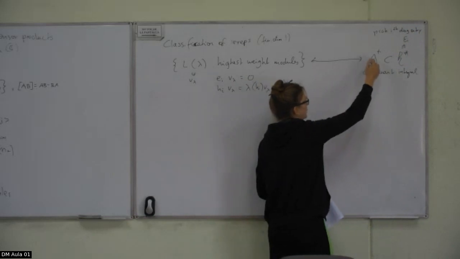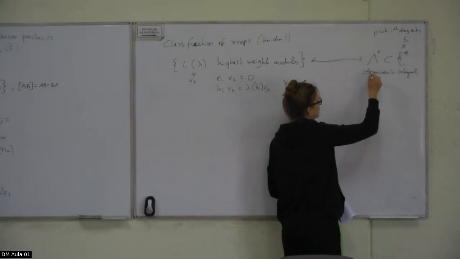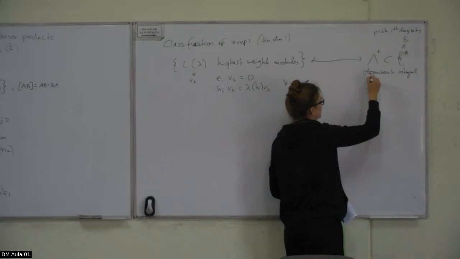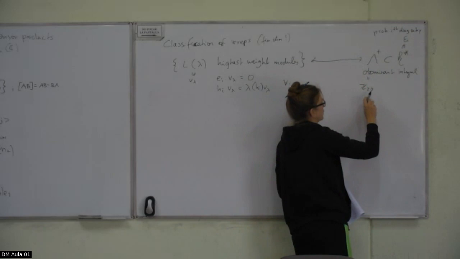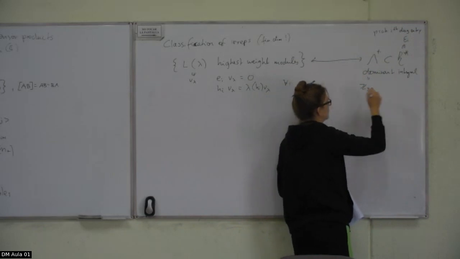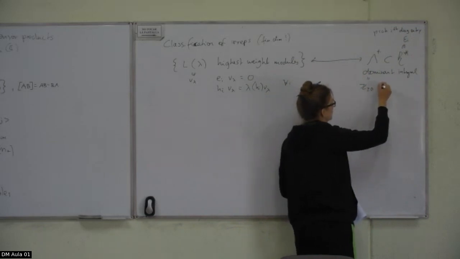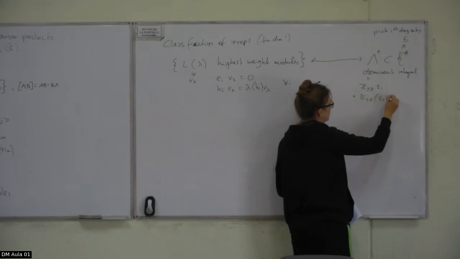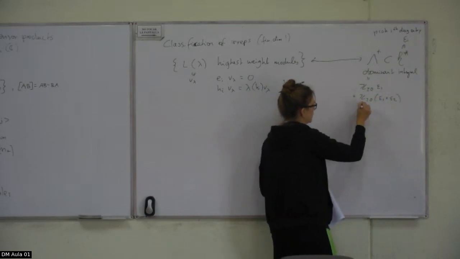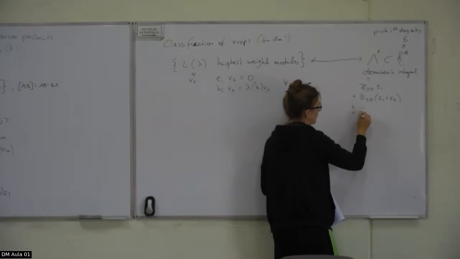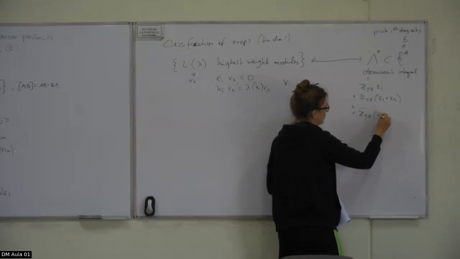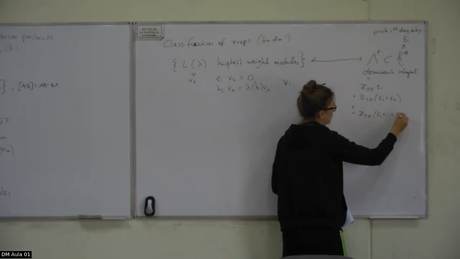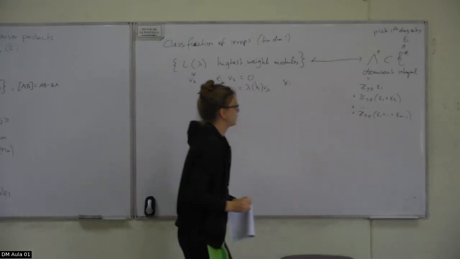And then this subset here is given by the span over non-negative integers of epsilon_1, plus the second fundamental weight, epsilon_1 plus epsilon_2, and so on, until epsilon_1 plus and so on.